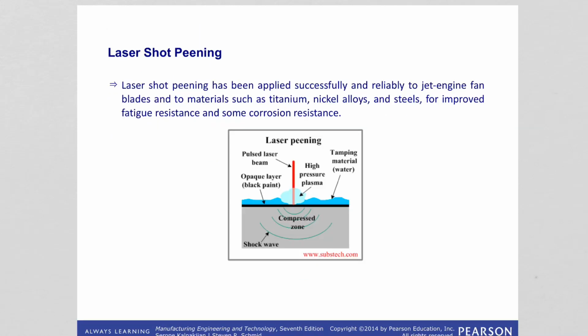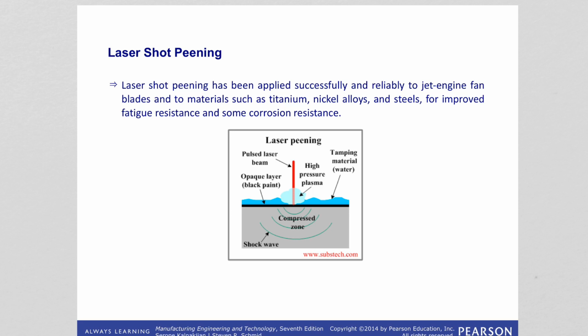With the same concept, the process can be done with lasers, which is called laser shot peening. It is basically again a cold work process in which the metal part is struck by a high energy pulsed laser beam, producing high amplitude stress waves like we are seeing in the image.